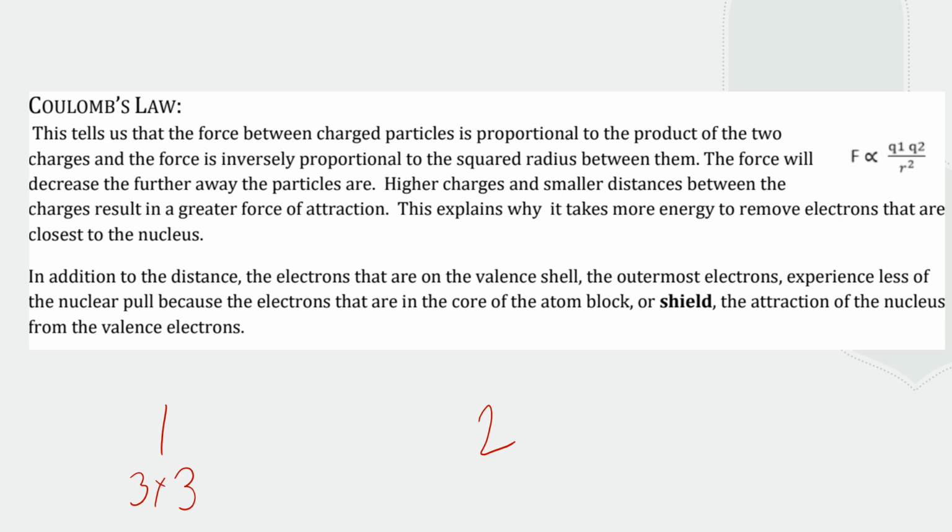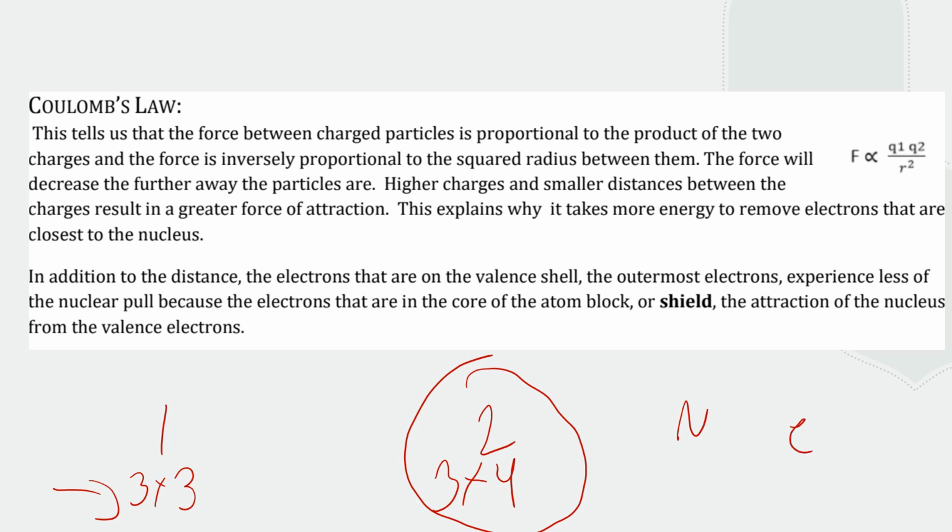In atom 2, there is 3 times 4, for example. And the radius is the same in each atom. So in atom 2, the greater amount of charge would say that atom 2 has a greater attractive force compared to the other one. So again, it's just a mathematical relationship. If I were to increase the radius between, let's say, my nucleus and my electron, the further away the electron is from the nucleus, that is saying that there's going to be a less attractive force.